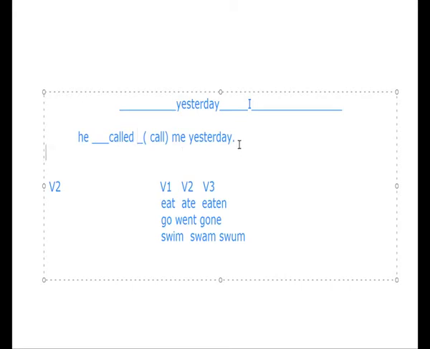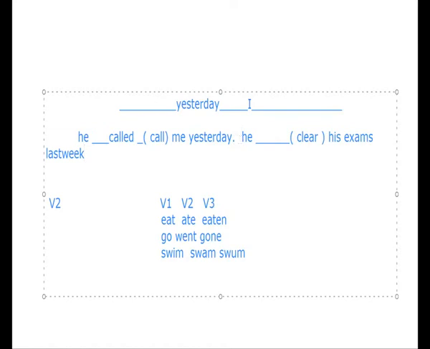Okay. Now look at this. I'll give one more sentence. He clear, base form of the verb, his exams last week.